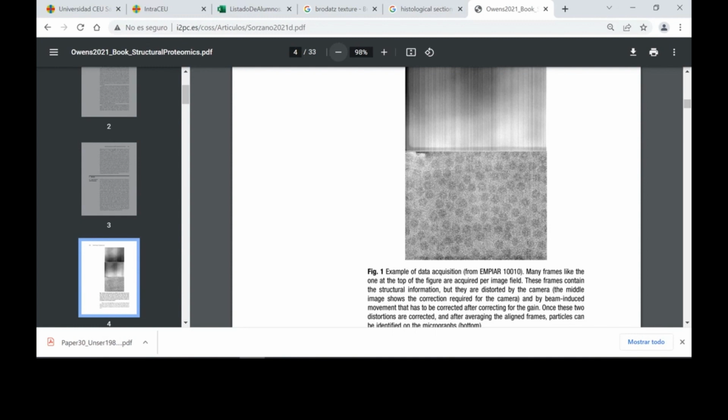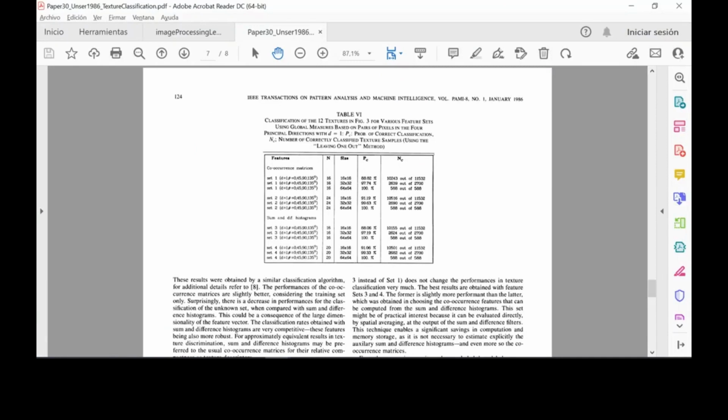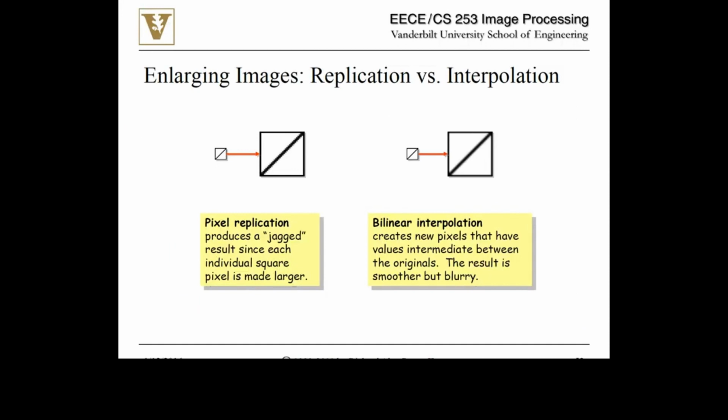Okay, so if there are no questions, then we move on to the lectures. Okay, so we were here with resizing images.